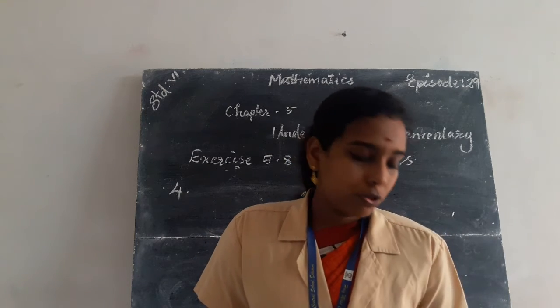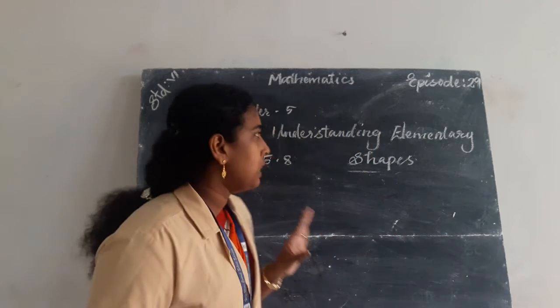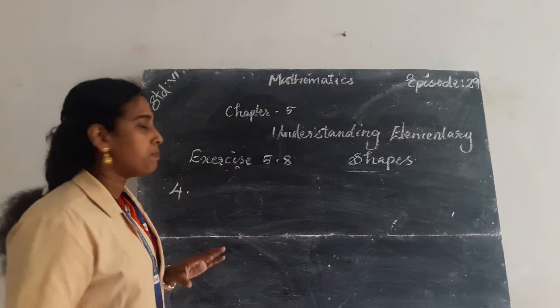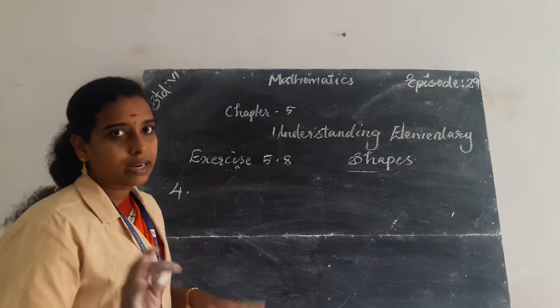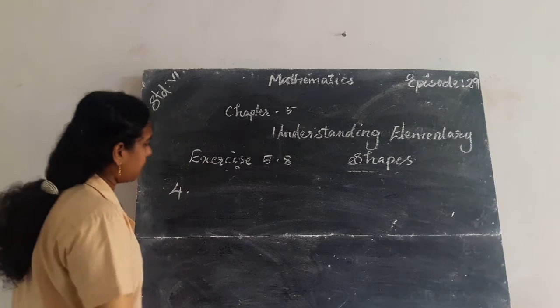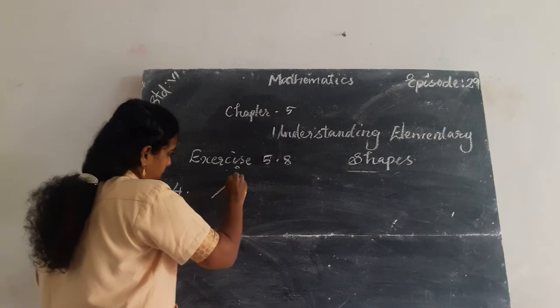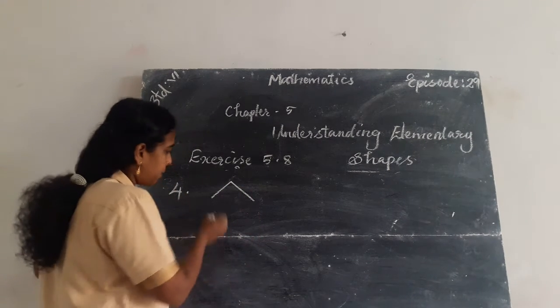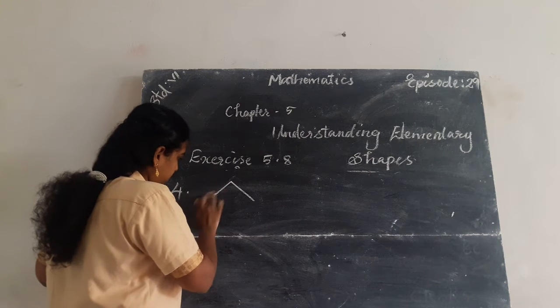So first you draw a polygon with 8 sides, which means draw a rough sketch of an octagon. 1, 2, then like this.